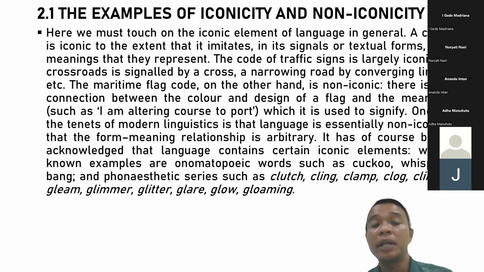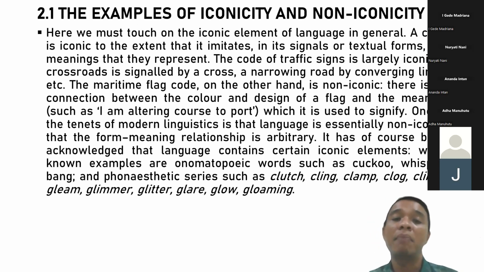Okay, the next one, we will talk about the examples of iconicity and non-iconicity. Here we must touch on the iconic element of language in general. A code is iconic to the extent that it imitates, in its signals or textual forms, the meaning that they represent.